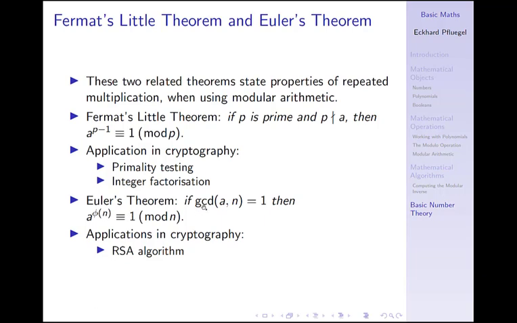The additional condition is that the GCD of a and n needs to be 1. That's what we're going to use later when we look at the RSA algorithm and the choice of the public and private key. Thanks to this theorem you can prove how to construct such keys which make the RSA algorithm work.